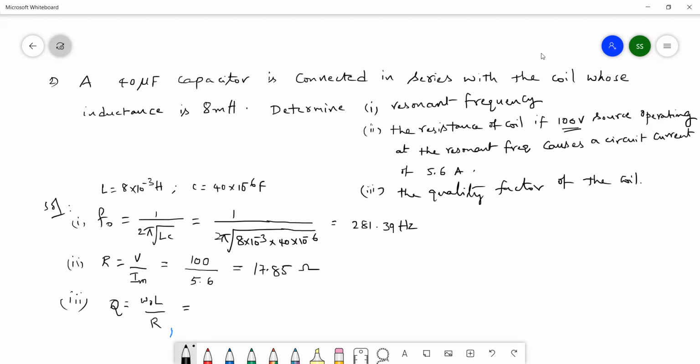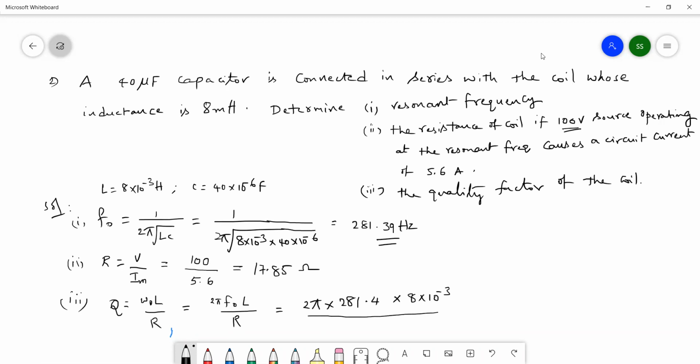Now I am taking omega naught L by R. You can take 1 by omega naught CR, right? Both answers will remain the same. Now omega naught L by R. So what is omega naught here? 2 pi F naught L by R. So 2 pi into F naught value, already calculated 281 point some 3, I think 4, 281.4, multiplied with your L value 8 millihenries, 8 into 10 power minus 3, whole divided by your R value.